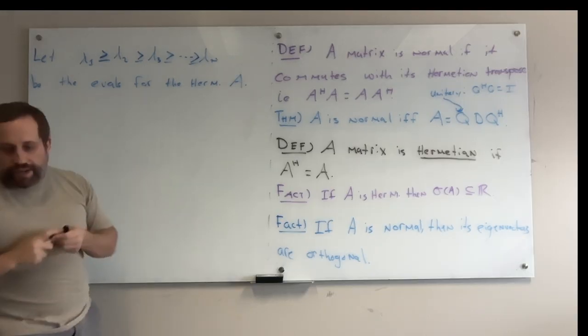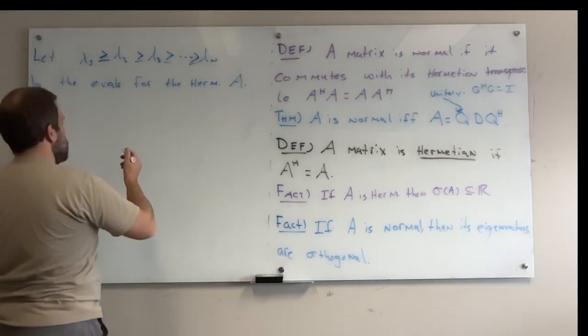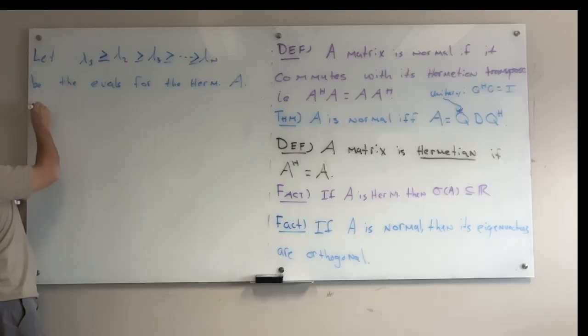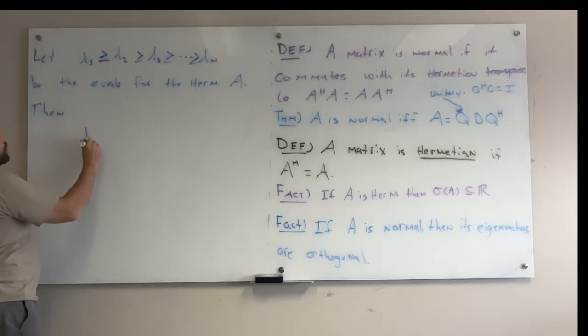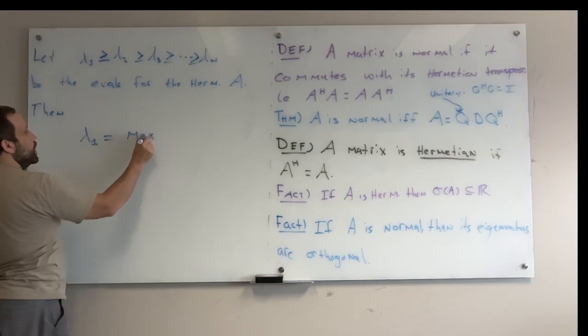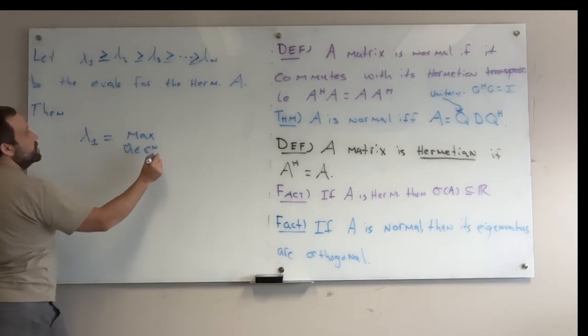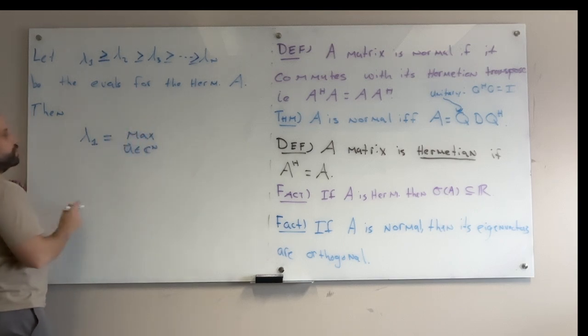Then, let me finish the statement of this with the blue marker, and then I will retire the blue marker. Then lambda_1 is equal to the maximum over all vectors u in C^n of this field of values function that we have.